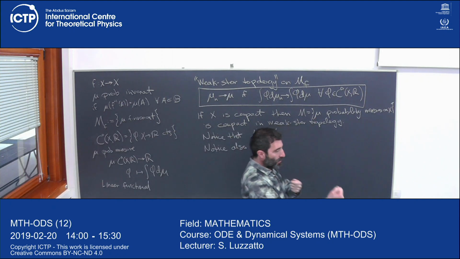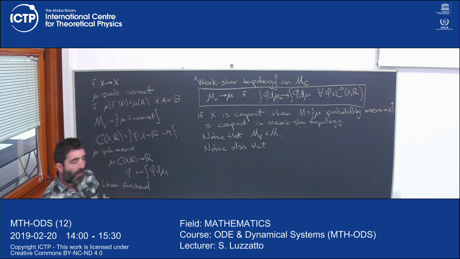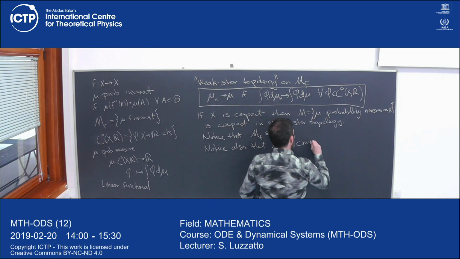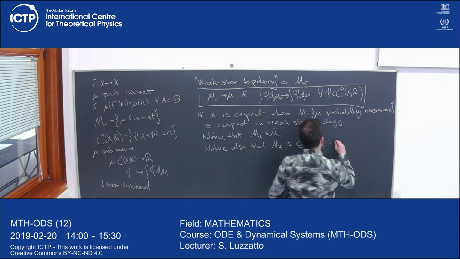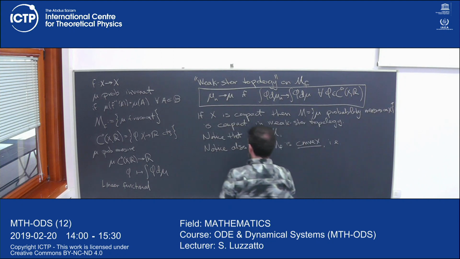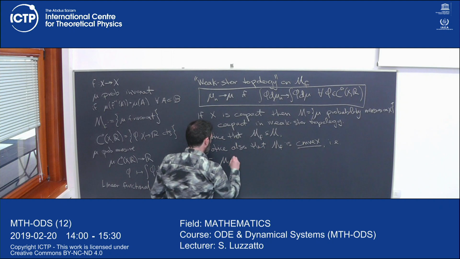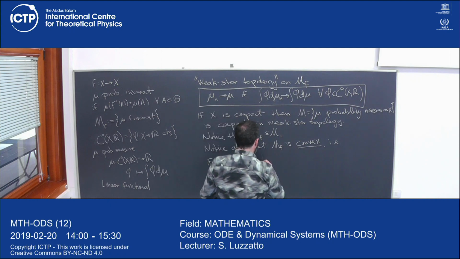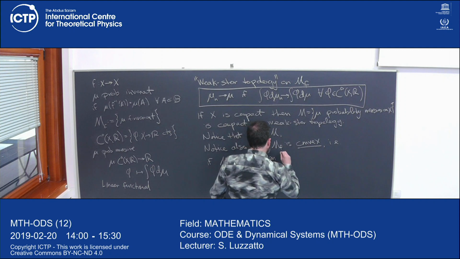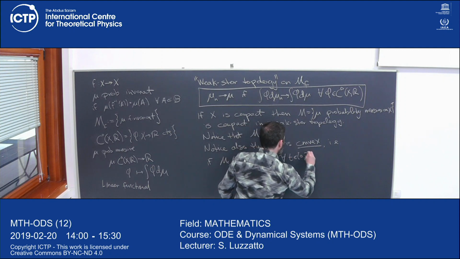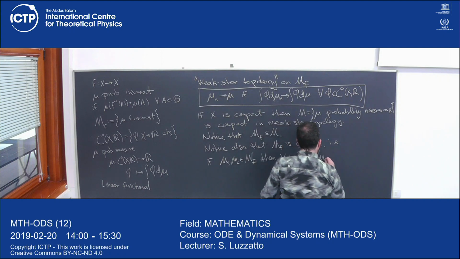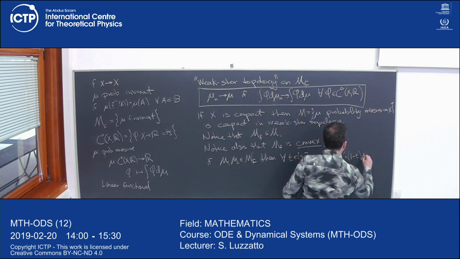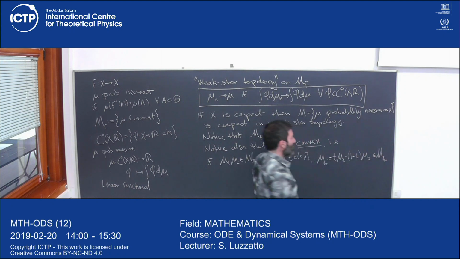Because you can take a linear combination of two measures and it is also a measure, and even if they're invariant, so M_F is convex, i.e. in the sense that if mu1 and mu2 are invariant measures, then for all t in [0,1], the measure mu_t equals t mu1 plus (1 minus t) mu2 is also an invariant measure.